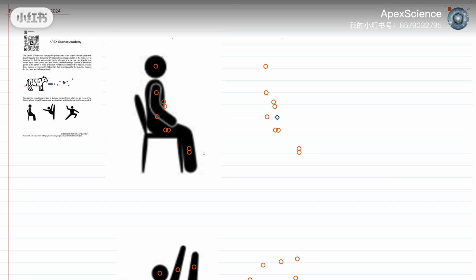This is, again, an approximation, but you want each mass point to represent the same amount of mass. That's how we divide the human body into 9 parts.